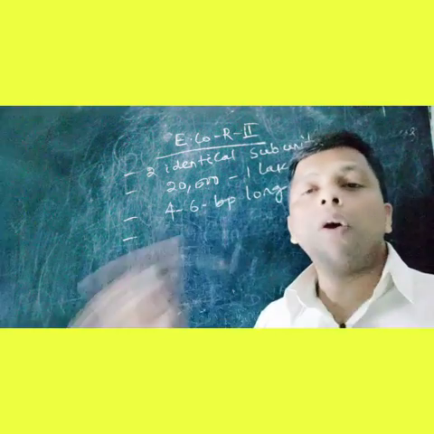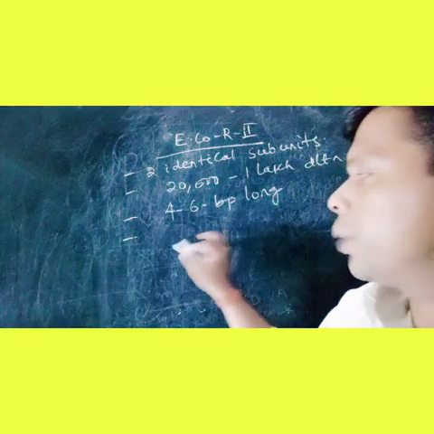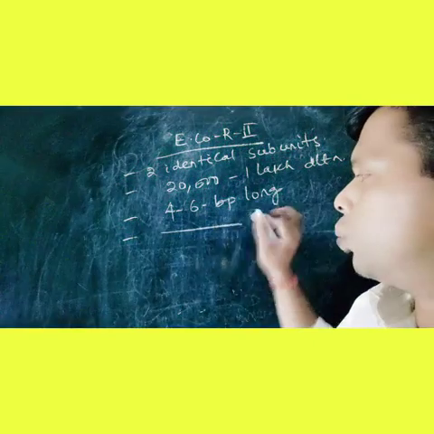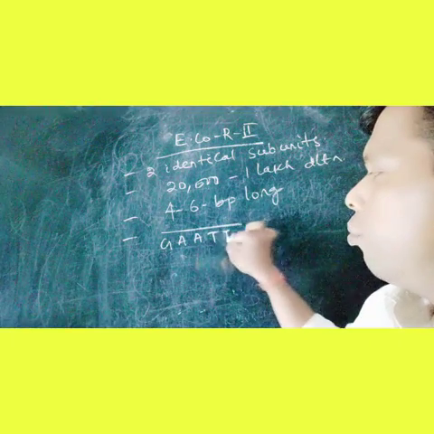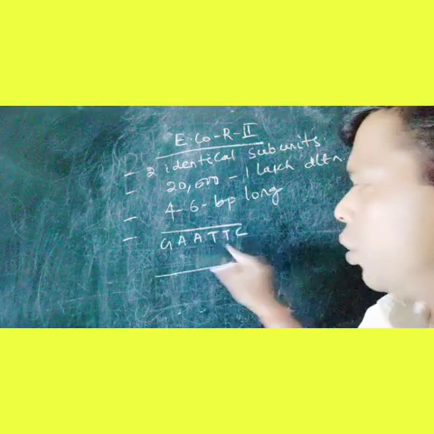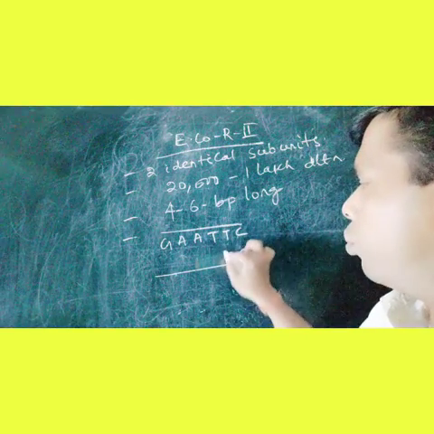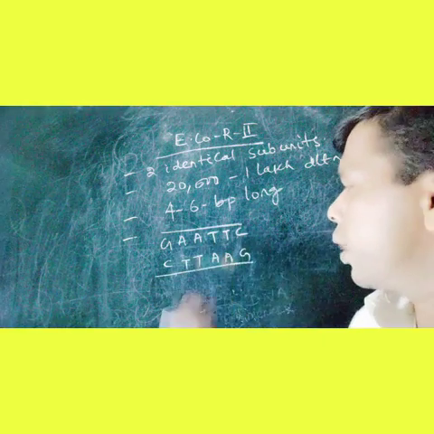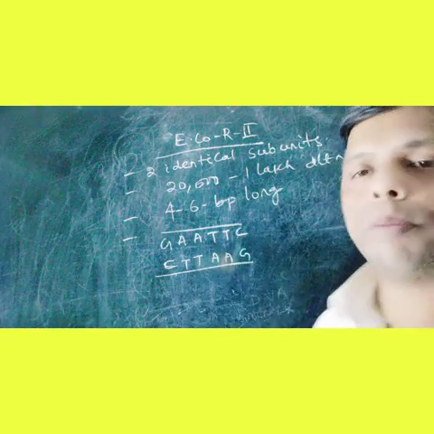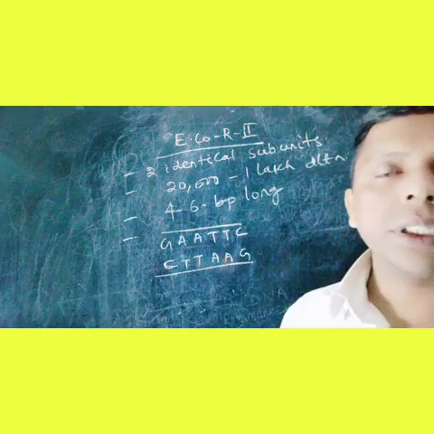It always recognizes palindromic sites. Palindromic sites means, suppose this is one strand having a sequence of bases, while the other strand has the same sequence in the reverse direction. This is the palindrome. It recognizes the palindromic site for cleavage.